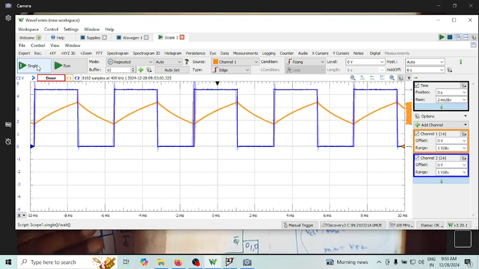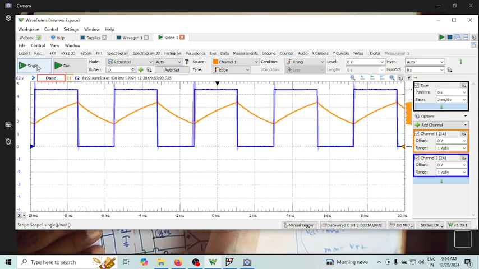Let us find out what T on and T off are, and you can also find the duty cycle and the frequency.